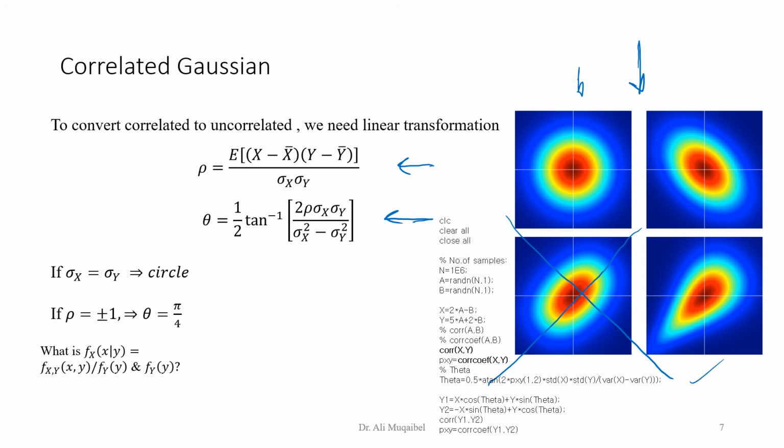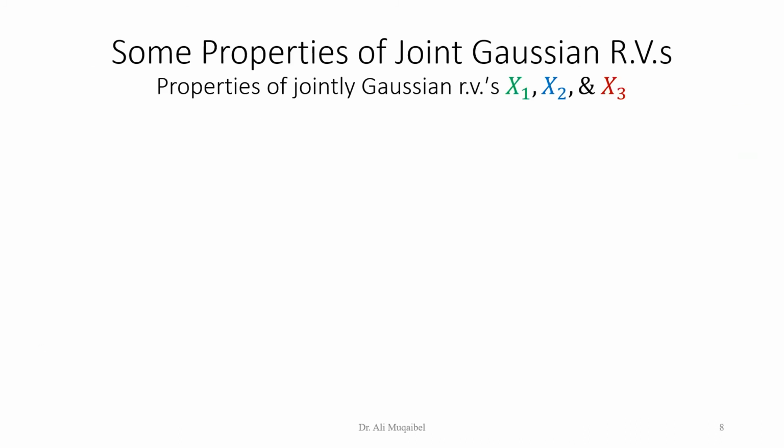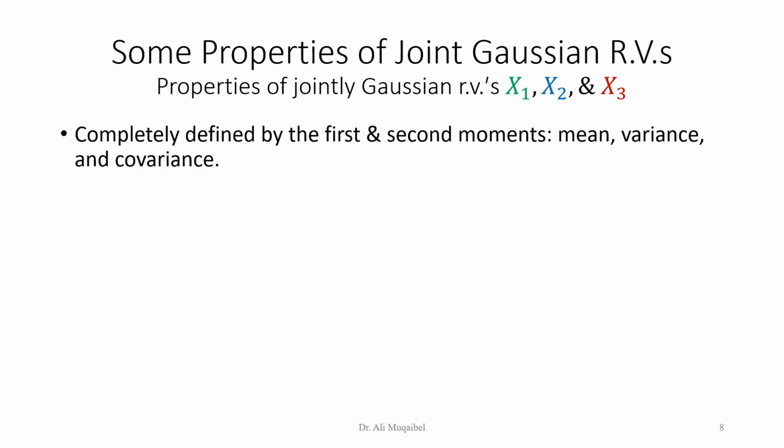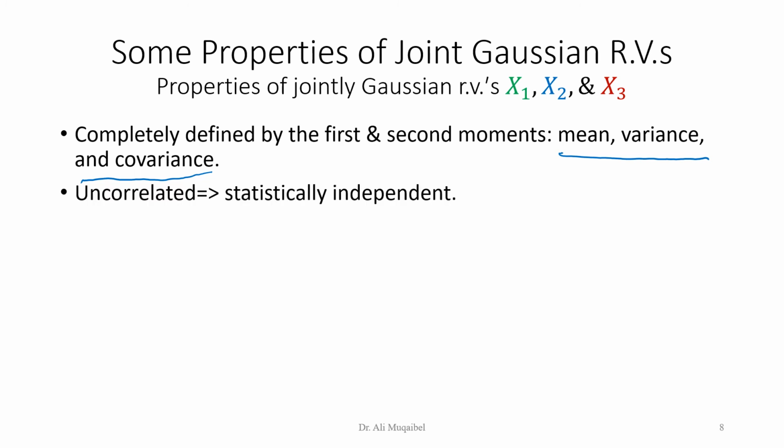All right, so now let's move to the next slide. Some properties of joint Gaussian random variables. They are completely defined by the first and second moments: mean and variance, and covariance. Mean and variance if it's a single random variable. If you have a joint, then we need also the covariance. This is a very beautiful property.